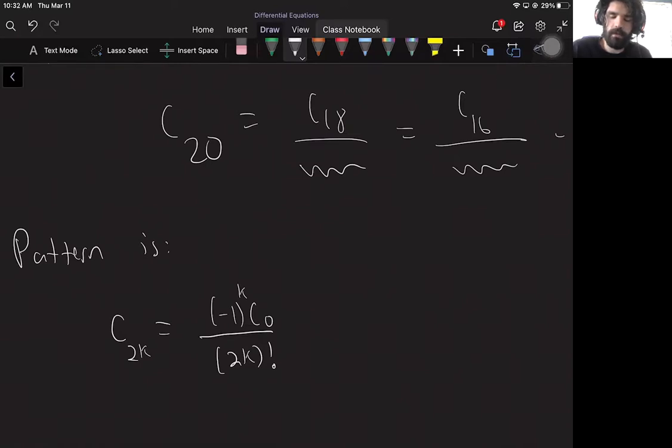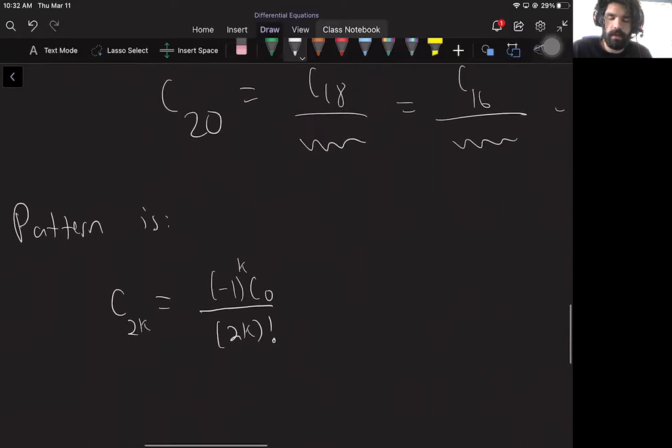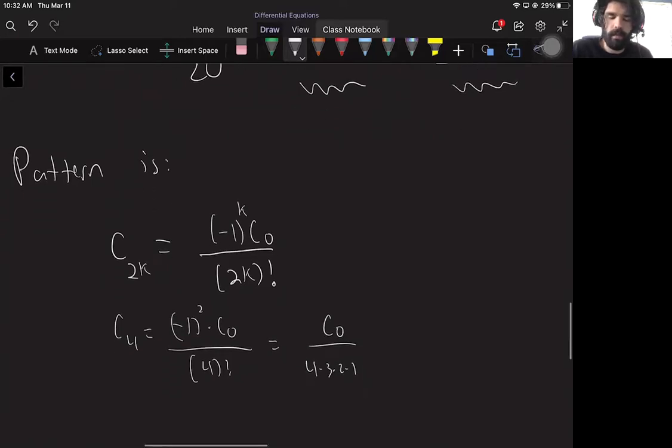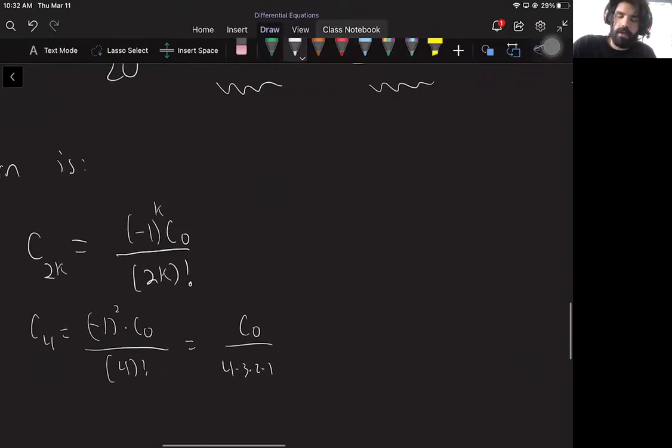If I plug in 2, it's -1 squared, which is positive, and that corresponds to C4. So let's just see that I get the same thing as I predicted up above, and I do, because it becomes positive. So I get that.